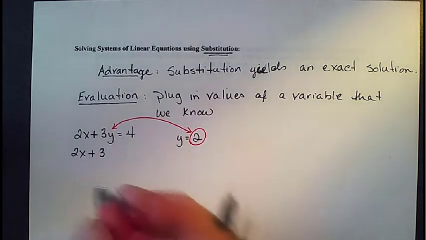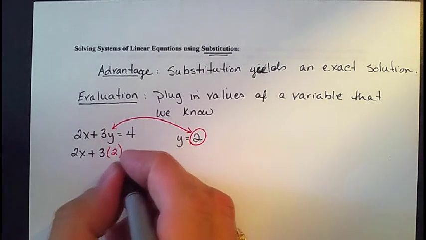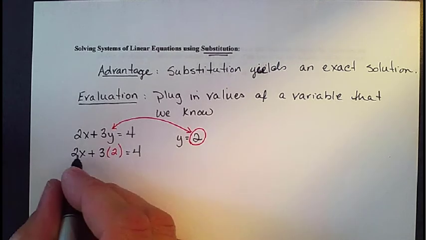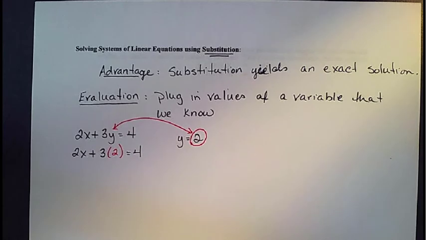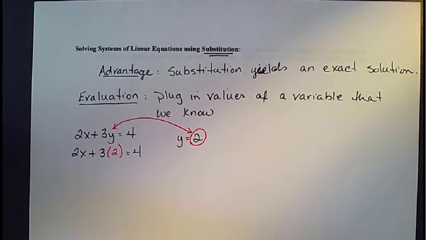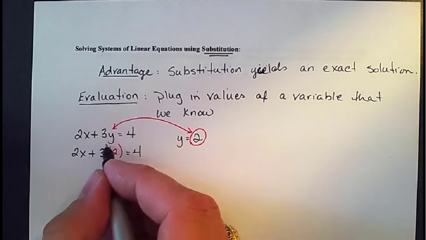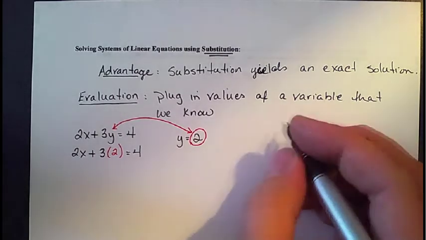Well, if I've only got one variable, that means I can solve for that variable, right? Because I can just multiply this to get 6, subtract it from both sides, divide by 2, and I know what x is. If I have two equations and two unknowns, then I can simply solve for one of them, plug it back in, and solve for the other. Okay? So that's going to be my steps that I'm going to use with substitution.